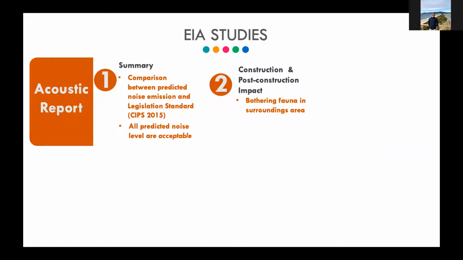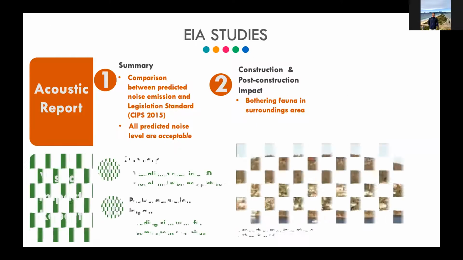For the acoustic report, they compare the predicted noise emission with the legislation standard, which is from the Clarence Interim Planning Scheme from 2015, and the predicted noise is acceptable based on this report. The construction and post-construction impact will bother the fauna in the surrounding area.